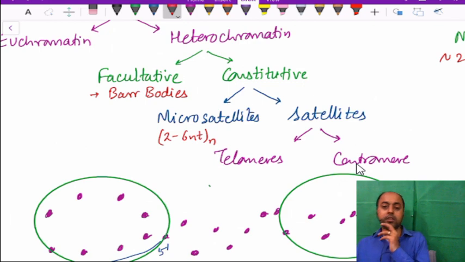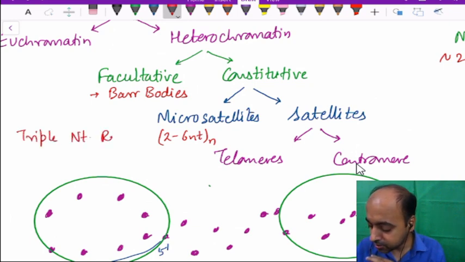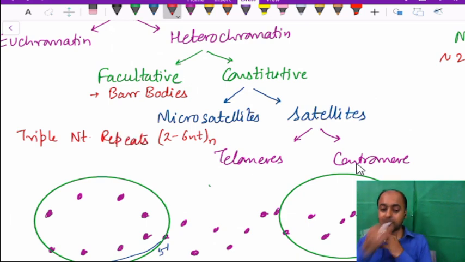The telomere and centromere are bigger repeats. The size of the repeats in the telomere and centromere is much bigger than 2 to 6 nucleotides. One example of microsatellite repeats could be the triple nucleotide repeats.